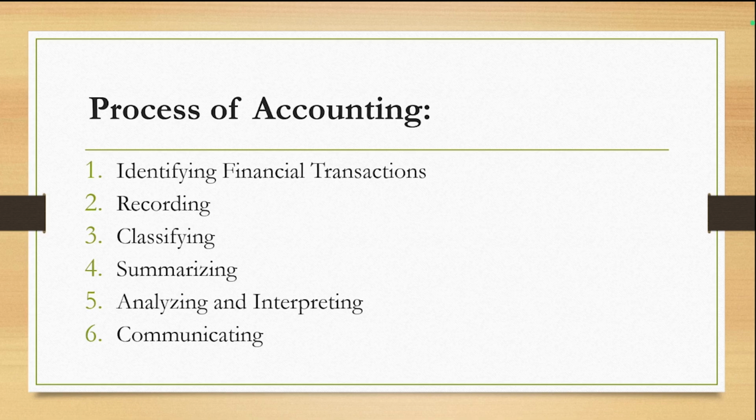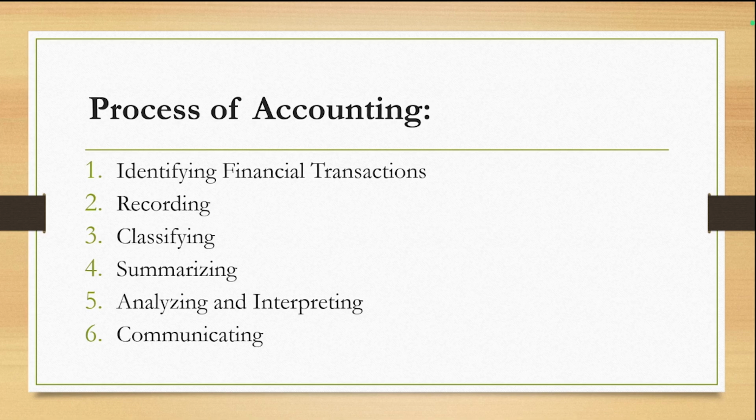In financial accounting, we need to record only the transactions related to business and easily convertible into money. Suppose a transaction is related to business but not convertible into money value, we need not record that transaction in financial accounting.